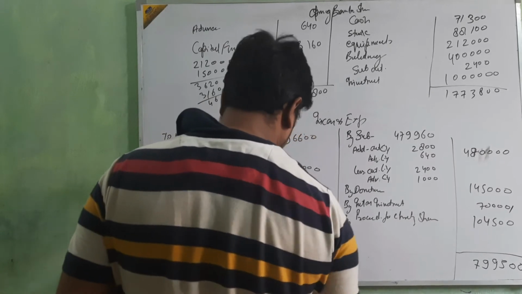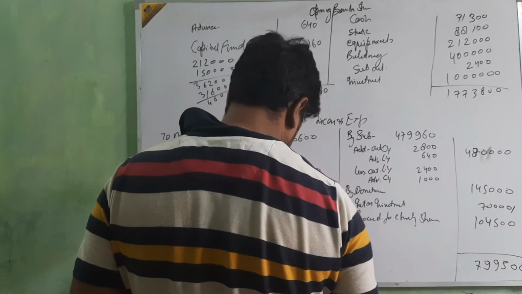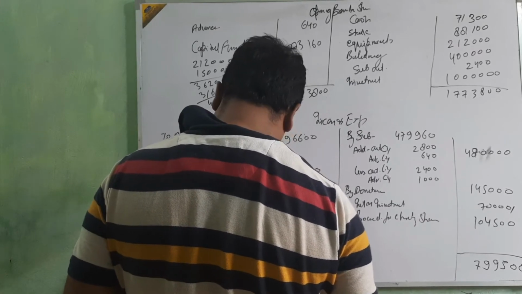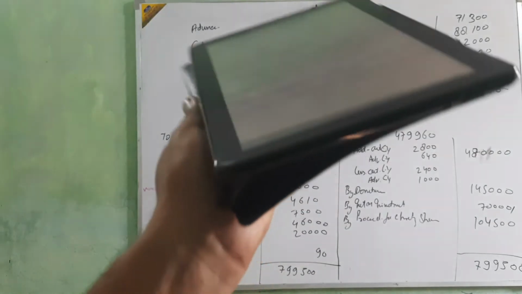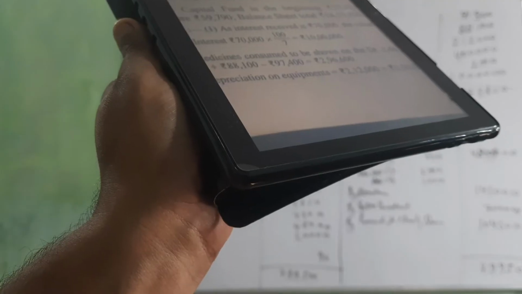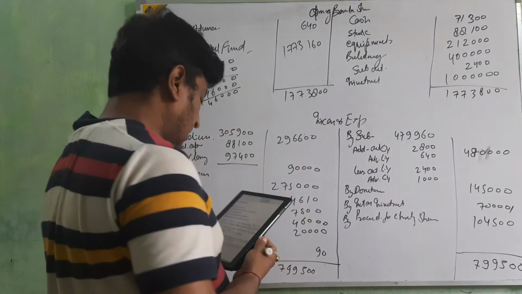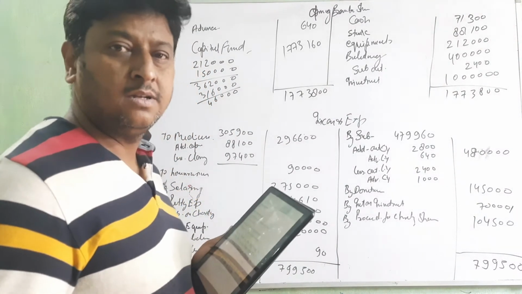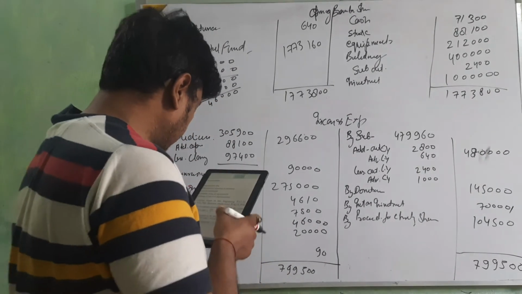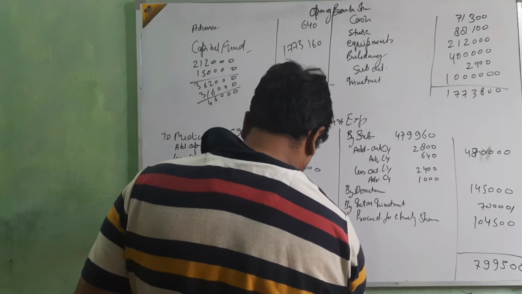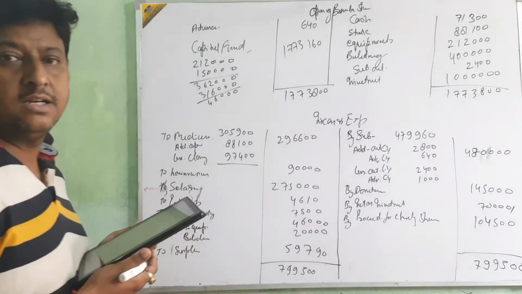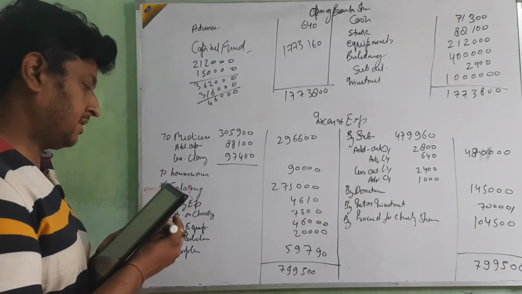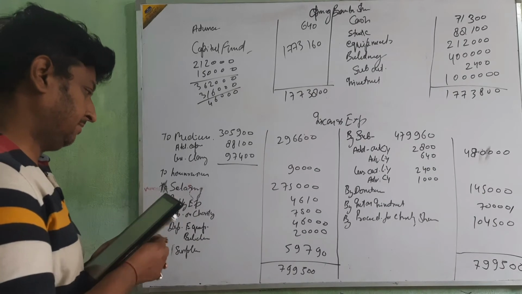10,90. Okay, 66, 12, 5. Just take the difference: 59,790.